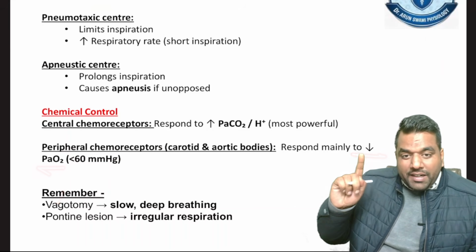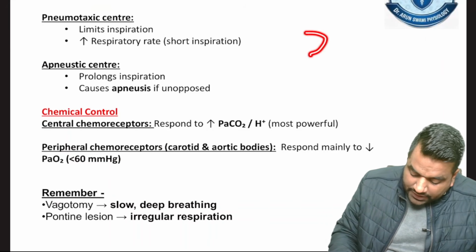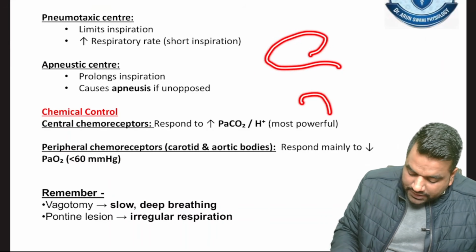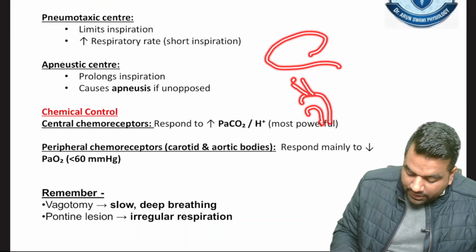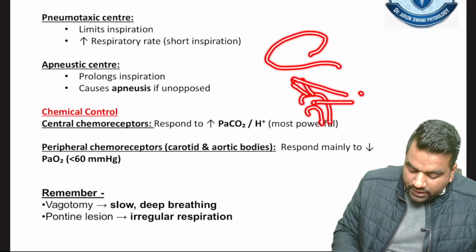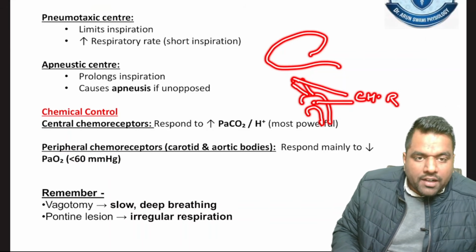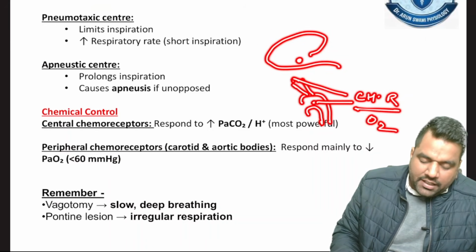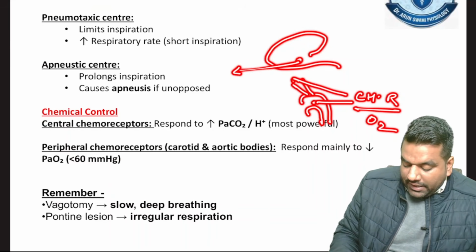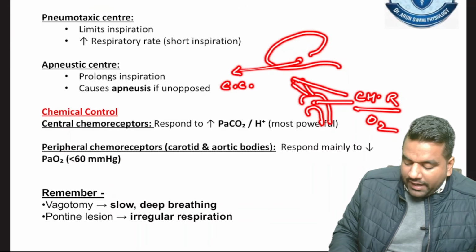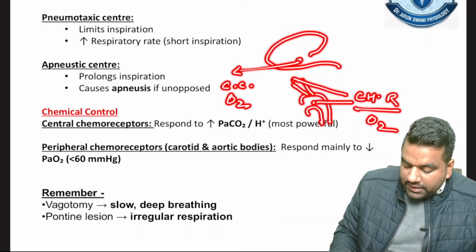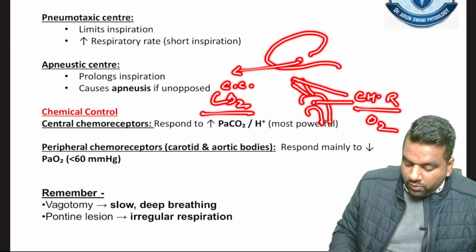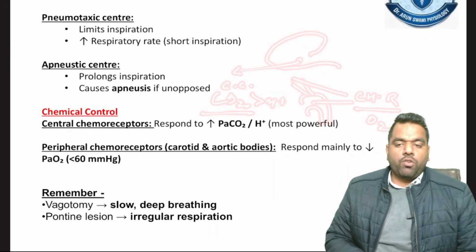So if this is the brain, and this is your aorta and this is the carotid artery, the centers here are the chemoreceptors sensitive to oxygen. But the center inside the brain is the central chemoreceptor, and this is sensitive to CO2 followed by H ion.